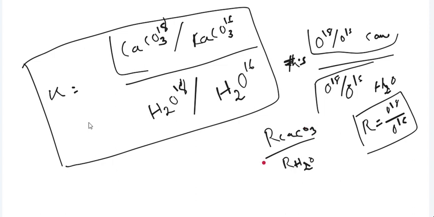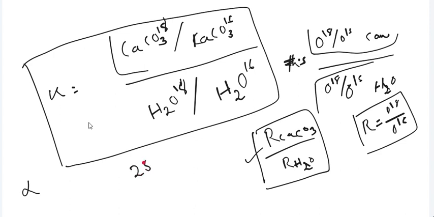Now this value is highly variable with temperature. You already know that alpha is variable with temperature; we have seen the graph. We measure paleothermometry in oceanography from fossil shells only. This value is constant at 25 degrees centigrade, something like 1.008, I don't have the value in my mind.